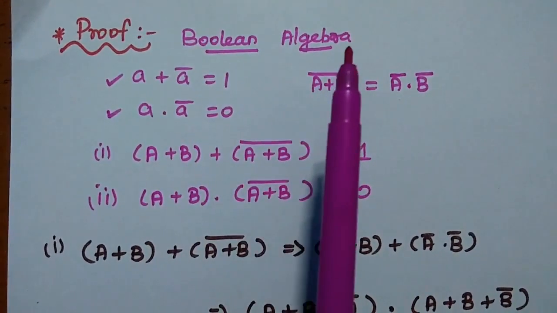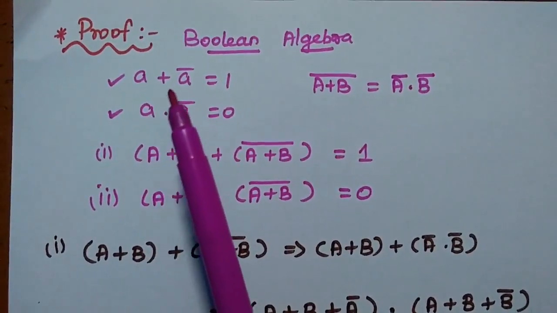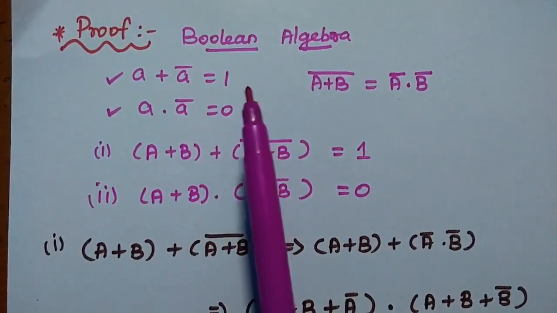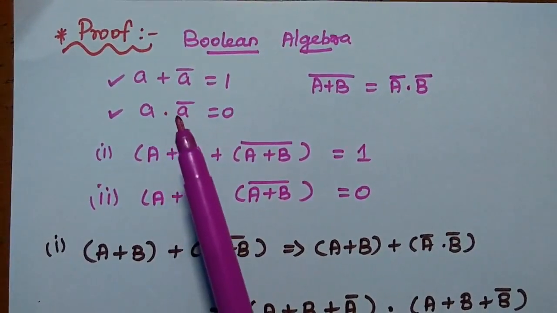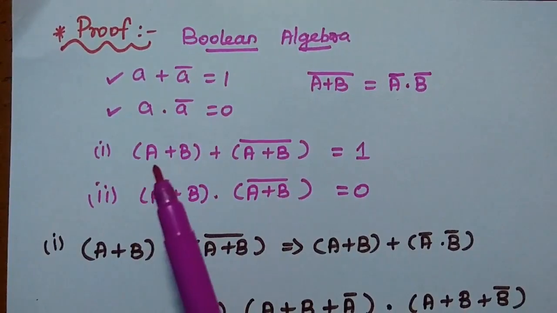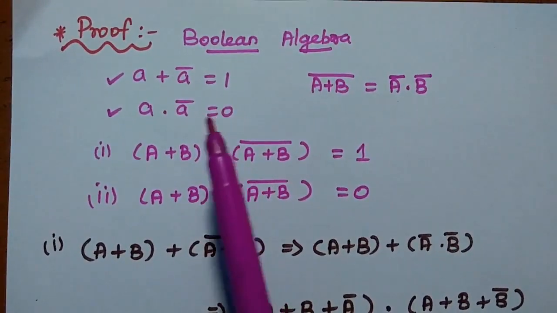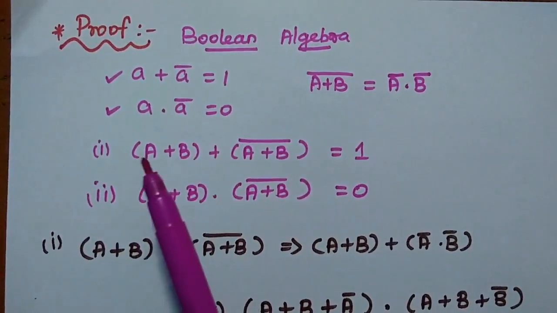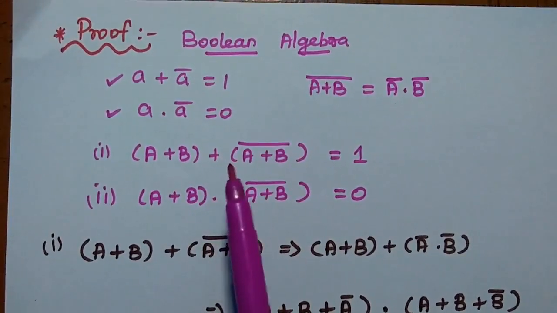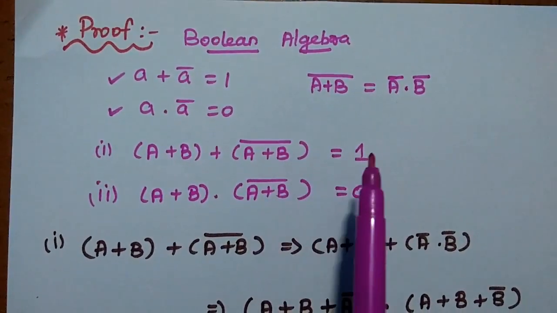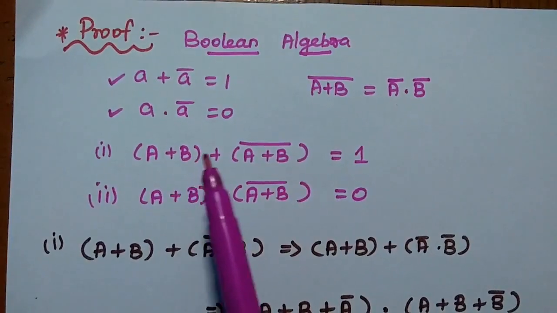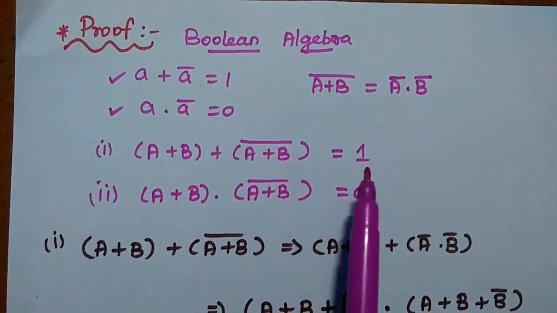From Boolean algebra we know that A plus A bar is equal to 1. Multiplication of A and A bar is equal to 0. The same statements can be written like this. A plus B plus (A plus B) the whole bar is equal to 1. The sum of (A plus B) and (A plus B) the whole bar is equal to 1.